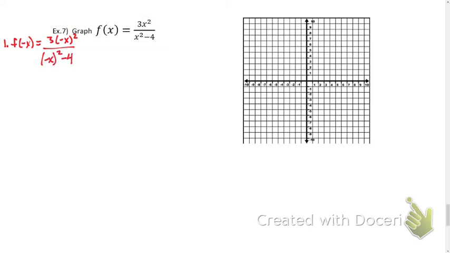And when I do that, since I have -x squared, I actually get the same exact function that I typed. Because -x times -x is x squared. So we have symmetry about the y-axis.